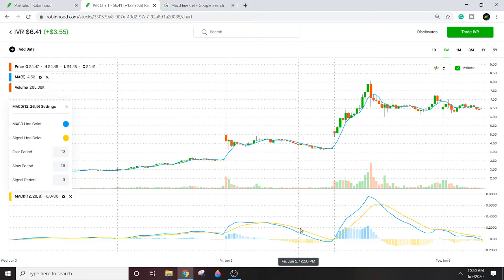When the yellow line goes above the blue line, or the blue line goes below the yellow, it indicates a bearish trend. So yeah, a downtrend or whatever. So these bars right here are the momentum bars. The blue bars indicate positive momentum. So right here you can see that we have really long bars.